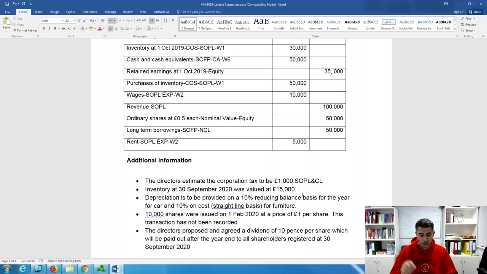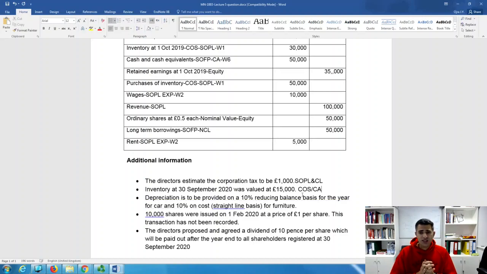The first one, we need it for cost of sales, because the formula for cost of sales is opening inventory plus purchases minus closing inventory. The second, we need the closing inventory under current assets in the statement of financial position.